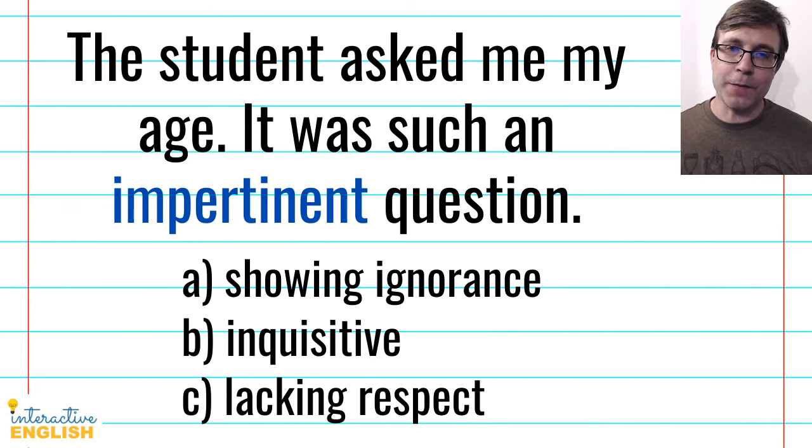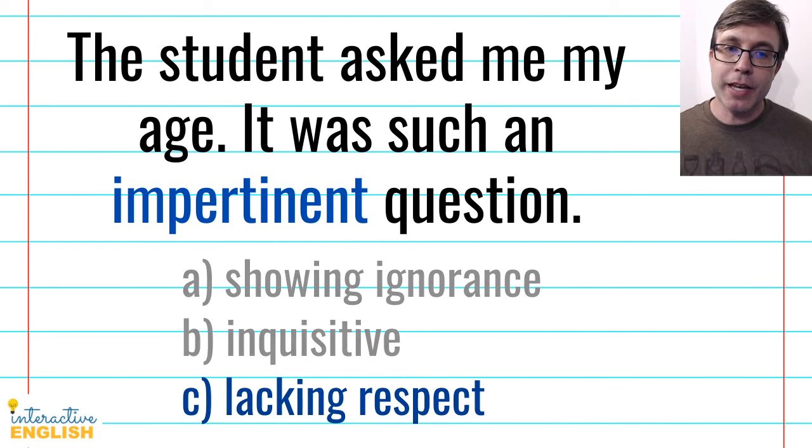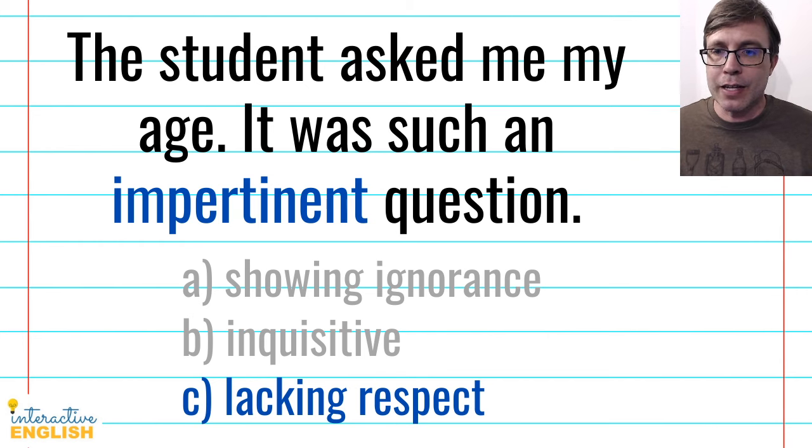Yes. If you say that someone or something is impertinent, it means that it is C. It is lacking respect. And I use this adjective before a noun, saying it was an impertinent question, because I think depending on the country, the culture, as well as the situation, like a teacher-student relationship, you may not want to ask someone their age, and you could say that it's lacking respect.